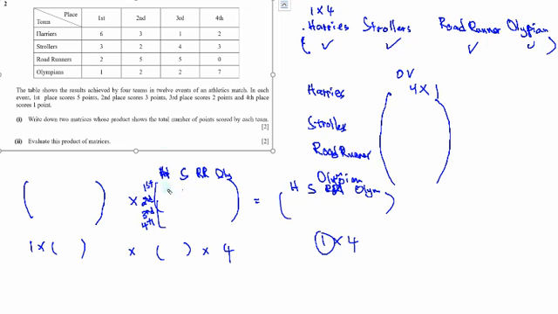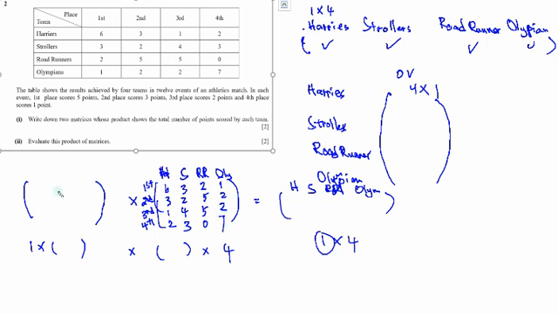Now this becomes 6, 3, 1, 2. This 3, 2, 4, 3. This 2, 5, 5, 0. This becomes 1, 2, 2, 7.